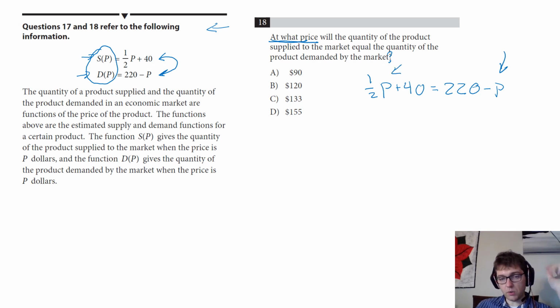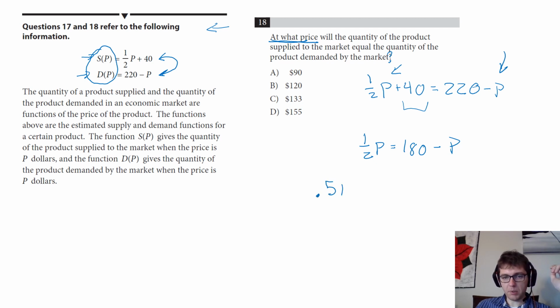So they're asking what is the value of P where these are equal. So solve this equation for P. Let's start by subtracting 40 from both sides. So we'll be left with 1/2 P is equal to 220 minus 40, which is 180, minus P. Add P to both sides. 1/2 P is just 0.5 P, so it's easier to see, since you're going to be plugging this into your calculator anyway.